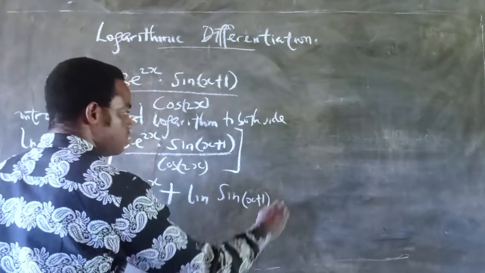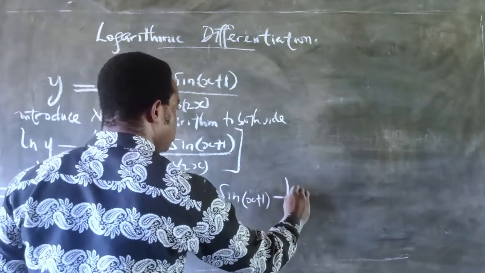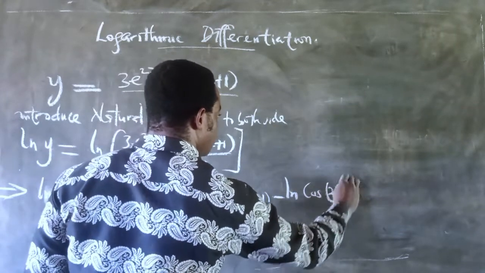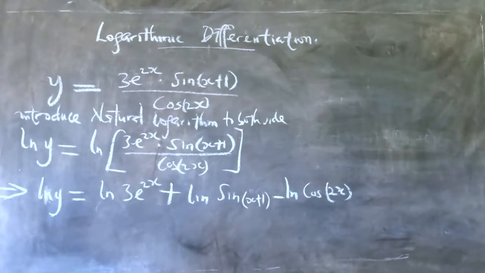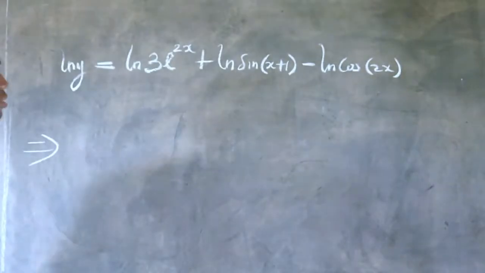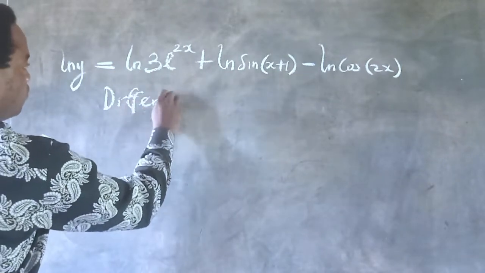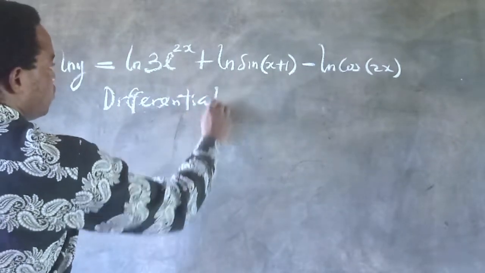I got this from the rules of logarithm, so you can go on and check the rules of logarithm, refer to your textbook. So to recap that, just in case you have forgotten the rules. Now this is the equation we have to differentiate.